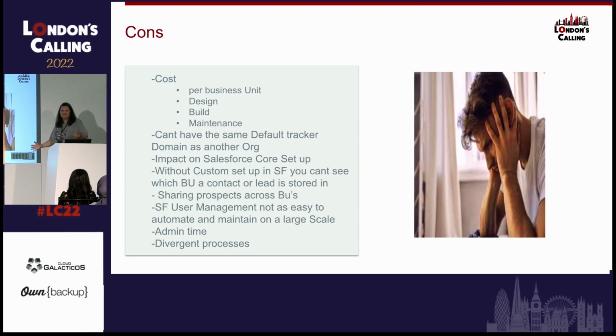Sorry. It's true, right? But I will say the biggest one, the most important one, is that there is a massive cost implication of going to more than one business unit. Obviously, the reasons you would look to do it is because you're a bigger customer, you're growing into a bigger company.